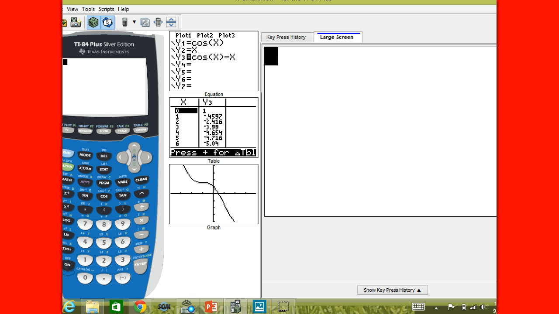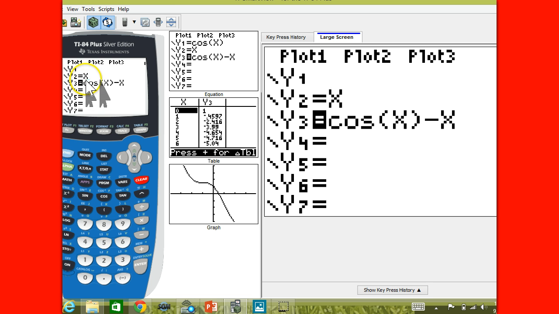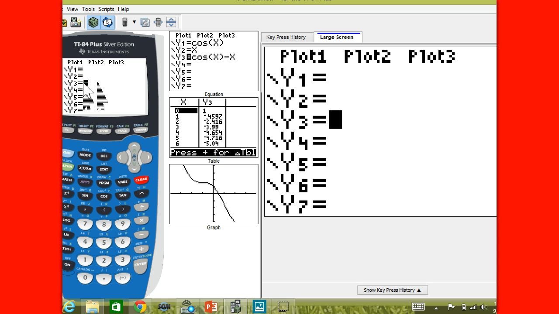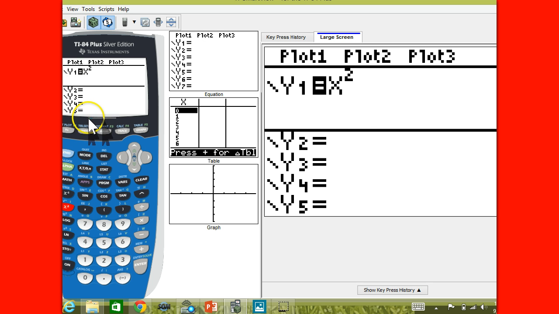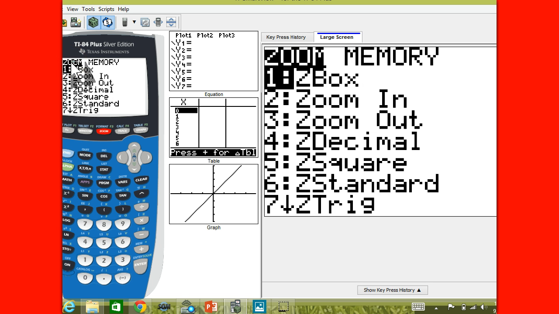So for instance, if we had the equation, let me clear this stuff out of here. If we had the equation y equals x squared plus 11. When I graph, I typically start with a zoom standard. Remember, we've got several different zooms that are kind of our defaults that we go to all the time.